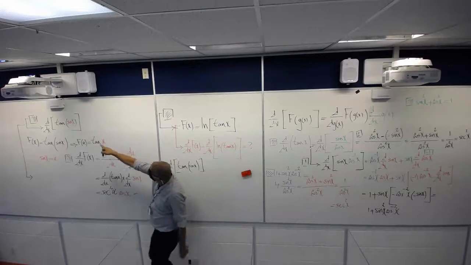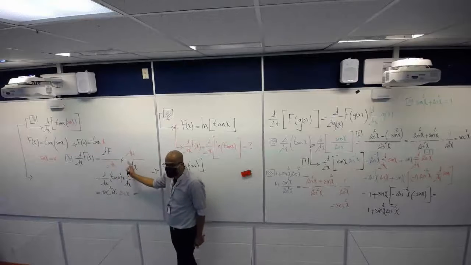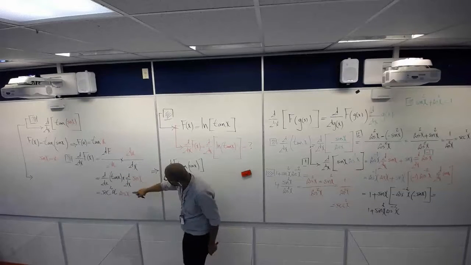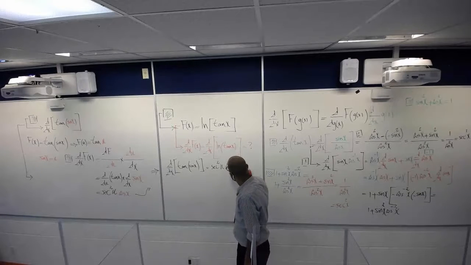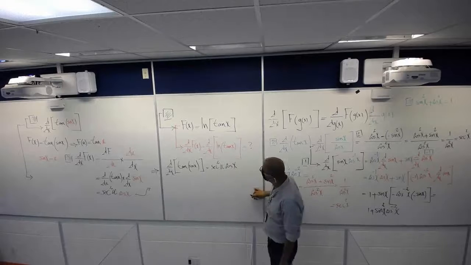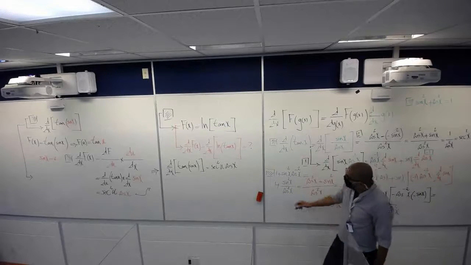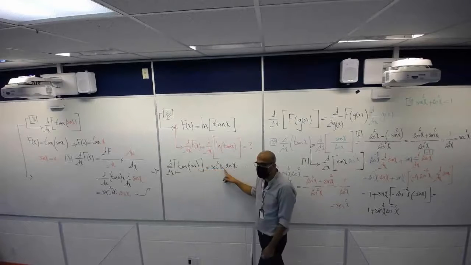Then when I called the sine x u, the baby, and I made that a smart trick, I ended up with this: secant squared of u times cosine of x. Now, you say, oh, wait a minute. I have x here, I have sine x here. Then what is the u doing there?